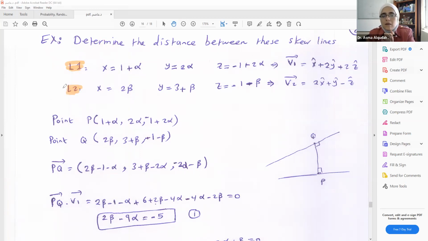But the question is how to find the distance between these two skew lines. Of course, the distance between these two skew lines should be orthogonal to each of the two lines. So this distance, let's say this is L1 and this is L2, D should be perpendicular to L1 and it should be perpendicular to L2.